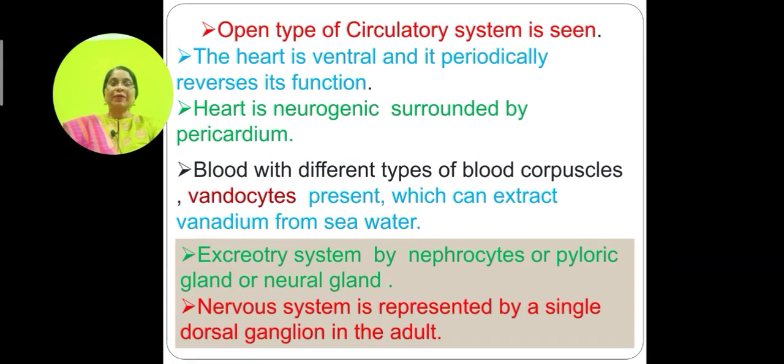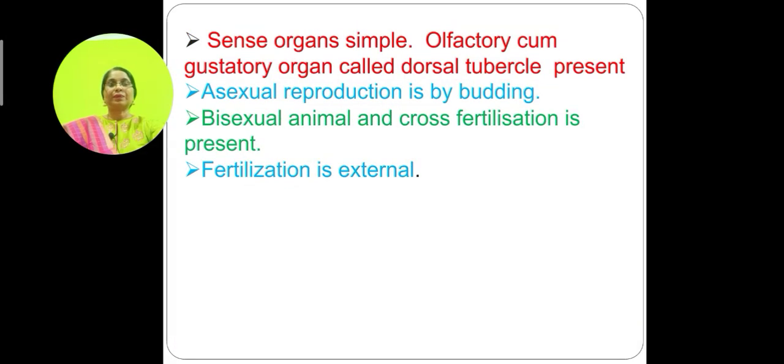The excretory system is by nephrocytes or pyloric gland or neural gland. The nervous system is represented by a single dorsal ganglion in the adult. You can see the dorsal ganglion in the diagram. The sense organ is simple. An olfactory cum gustatory organ called the dorsal tubercle is present. Asexual reproduction is by budding. It is a bisexual animal, cross fertilization is present, and fertilization is external.